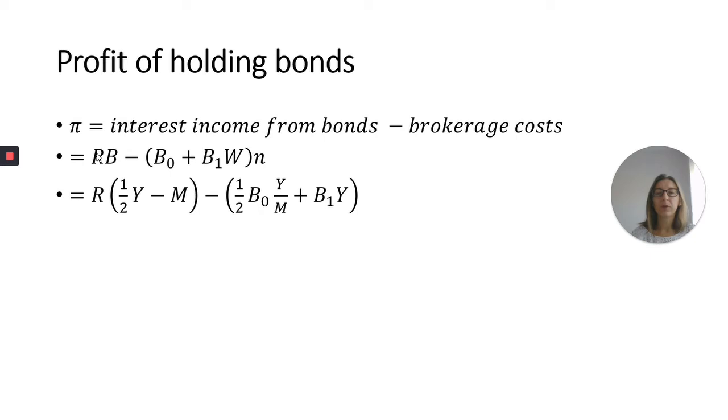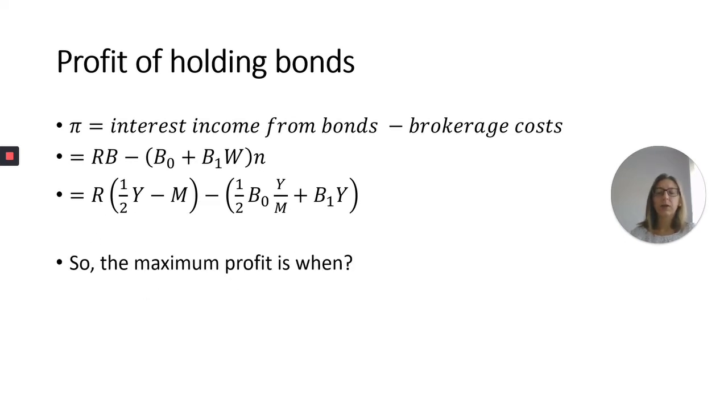And so we can replace it with functions. Interest income is interest rate times the value of bonds, minus brokerage costs, which we defined in the first part of the lecture. By substituting the values, we also found out that bonds is half of income minus quantity of money, and substituting the optimal withdrawals that we found in the equilibrium, we get this profit function.